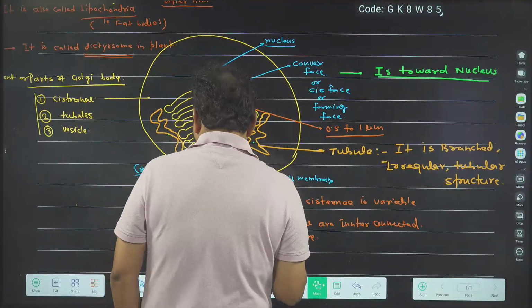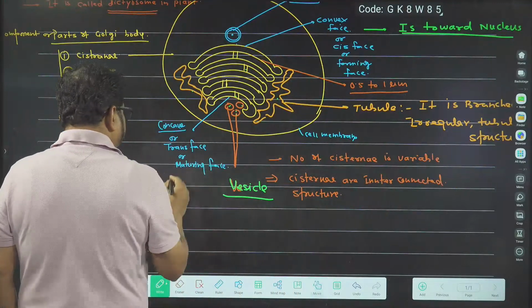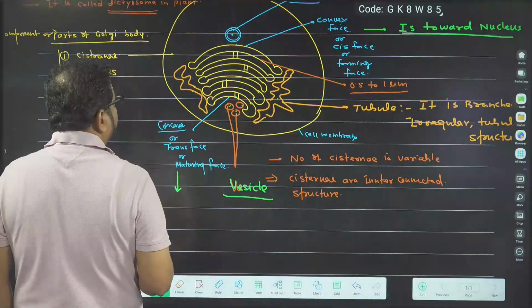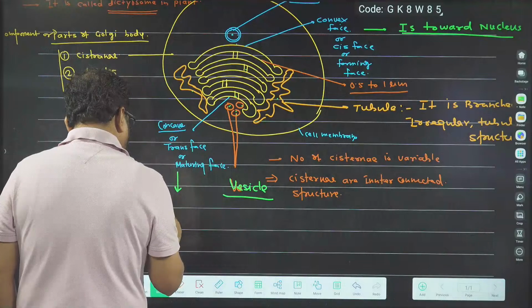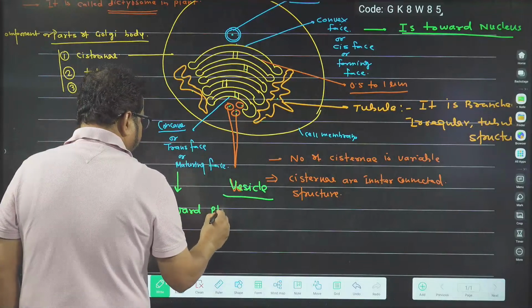And concave face, trans face or maturing face is toward the plasma membrane.